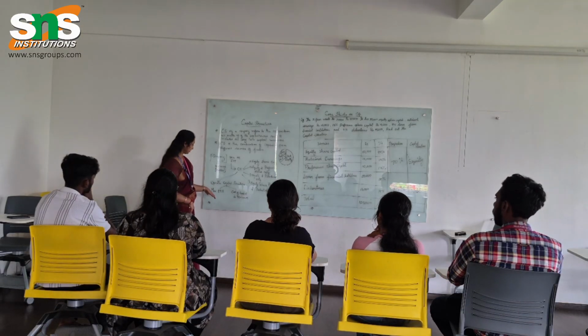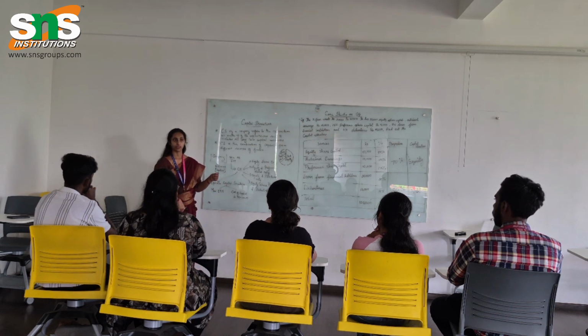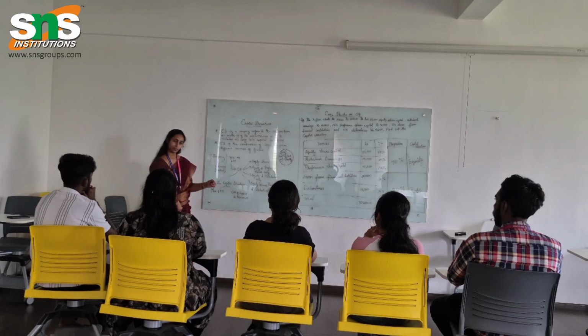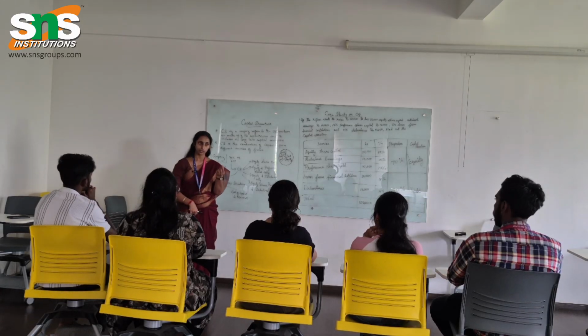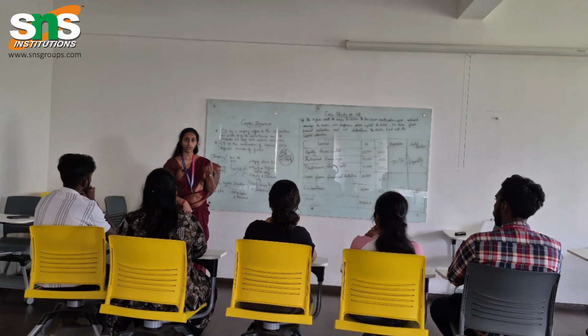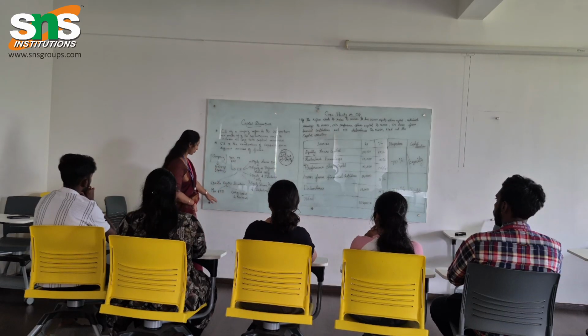There is a term called maximum EPS, earnings per share. Earnings per share means for a single share you should get more earnings. Then only you can proudly say that you did your business in a wonderful way and are getting more profit. So your EPS should be higher.